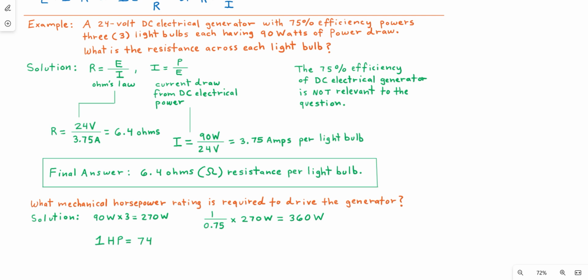So we know 1 horsepower is a mechanical power rating and is equal to 746 watts of mechanical power, whereas we are using the DC electrical generator to convert mechanical power into electrical power. Both are measured in watts.